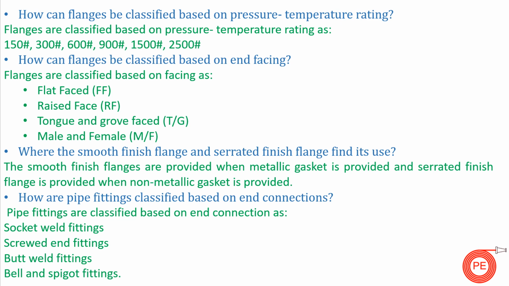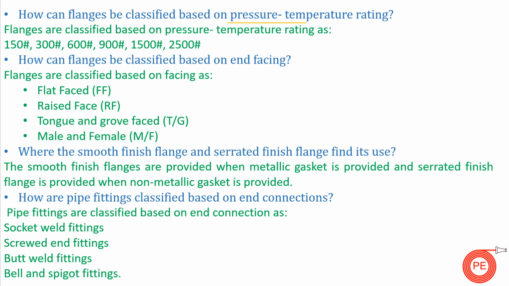So guys, today in our interview series, the first question that we have on our screen is: how can flanges be classified based on pressure temperature rating? Pressure and temperature are the two important ratings. Based on these two ratings, valves, flanges and other fittings are designed and considered in a system.